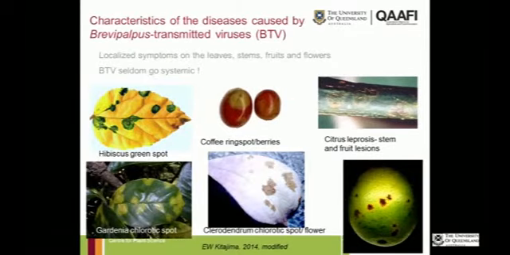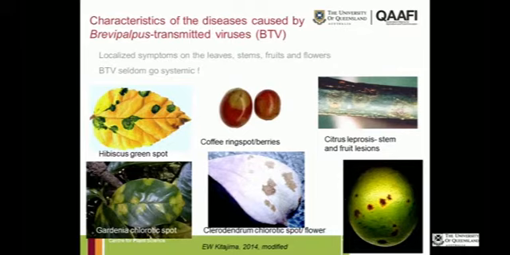And the diseases they cause are somewhat unique in that the virus does not spread systemically. The virus only causes local symptoms. So where the virus is deposited by the false spider mite, and I should mention that these viruses also replicate in their insect vectors. So again, they have two hosts.